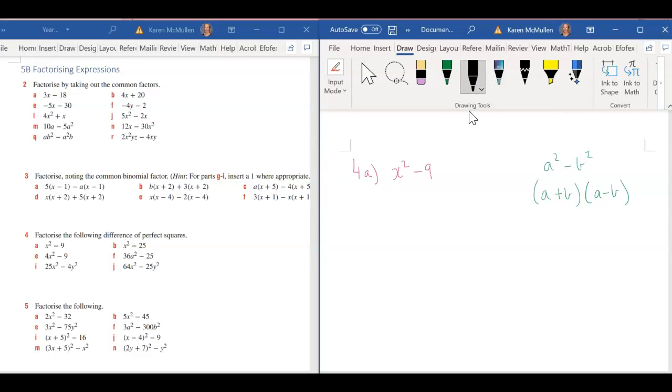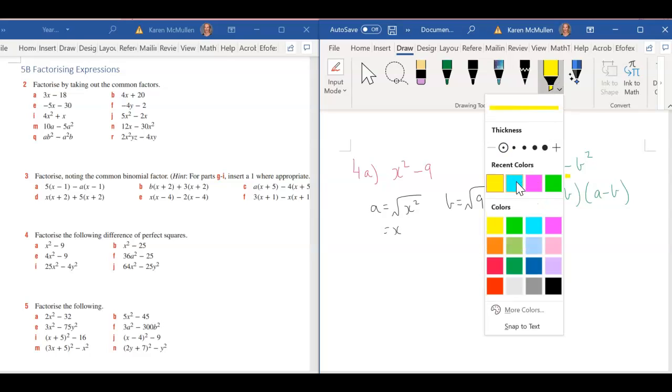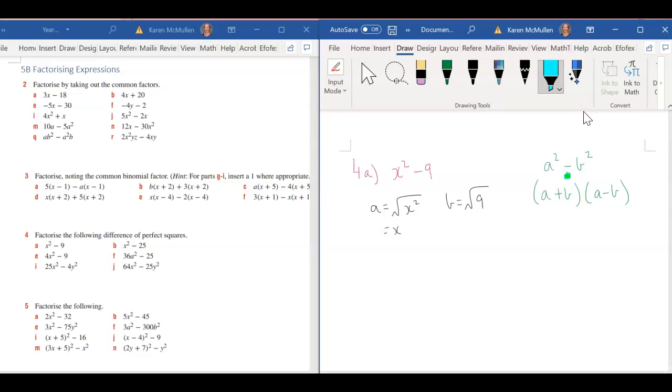All you need to do is identify a and b. a is just the square root of your first term, so in this case it's x. And b is just the square root of the second term. Don't see it as -9, because your difference of perfect squares already has the negative there.